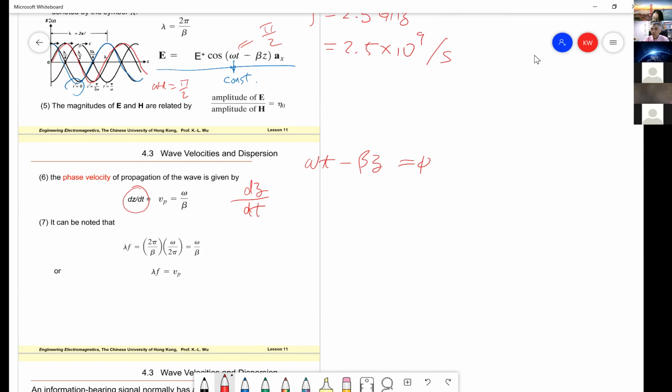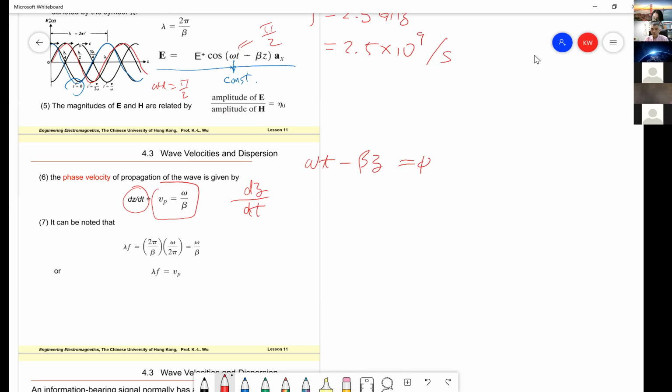To measure this, we take the derivative with both delta z and delta t and divide them. Then we find the phase velocity equals omega divided by beta. If we take the derivative with time, we get omega. If we take the derivative with z, we get beta. Then we divide them.